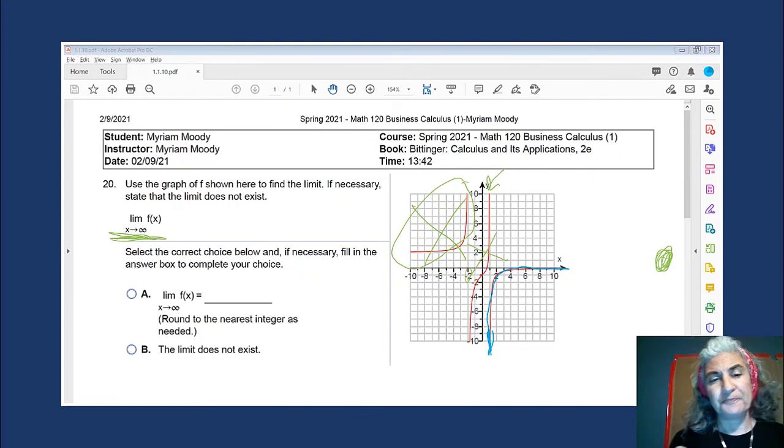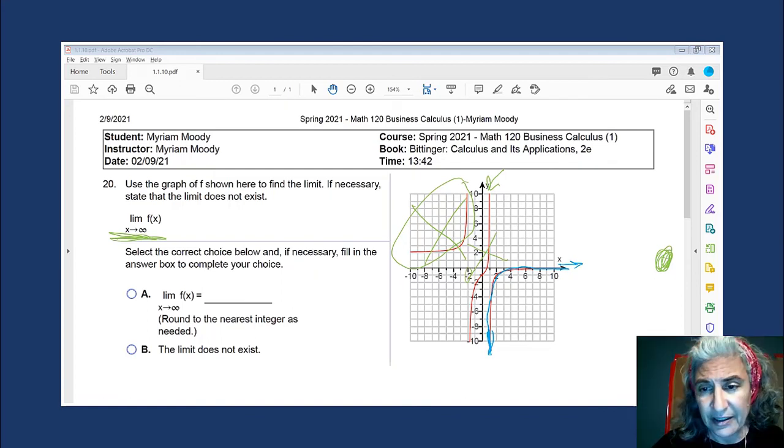Okay, so you're like, well, what about coming in from the right? Well, this one is interesting because you can't really come in from the right to approach infinity for the x. So we just keep going out in this direction. Now, I'm going to erase that line because I need you to see what that really looks like.